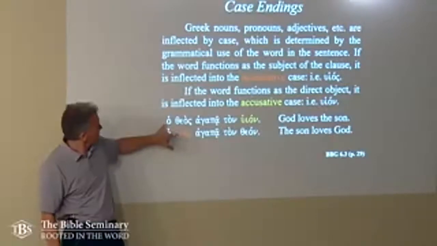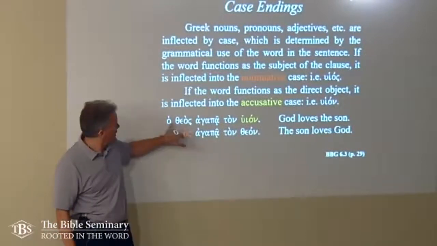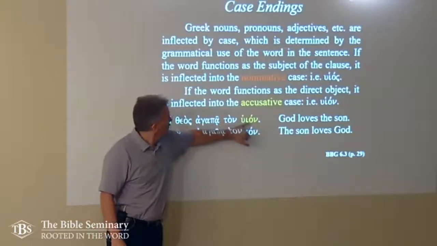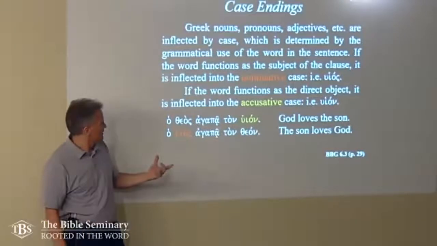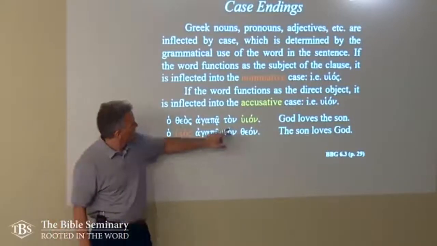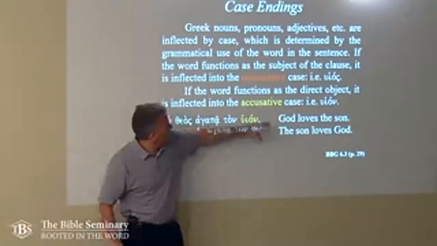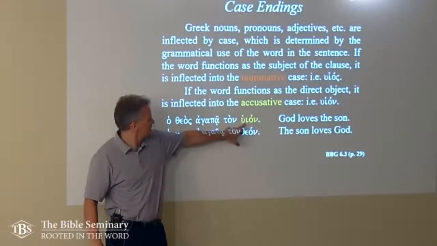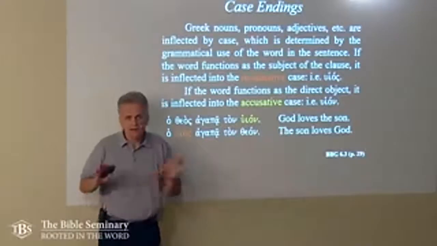So here's our first example. Ho theos agapa ton huion. And that is God loves the Son. In this case, I'm just focusing mainly on huios and huion. Huion comes at the end of the sentence, and it doesn't matter where it comes.